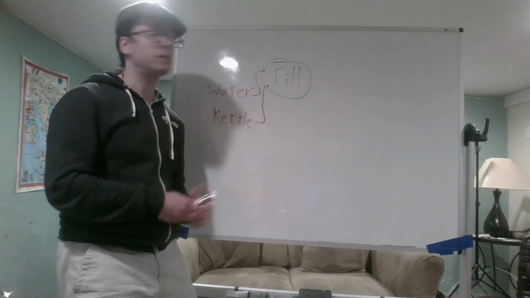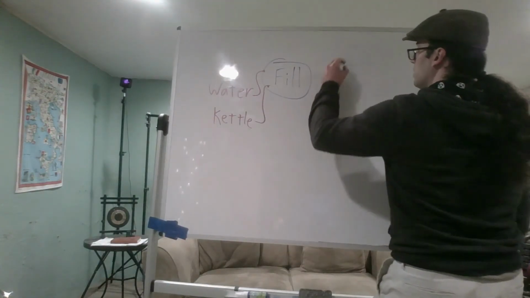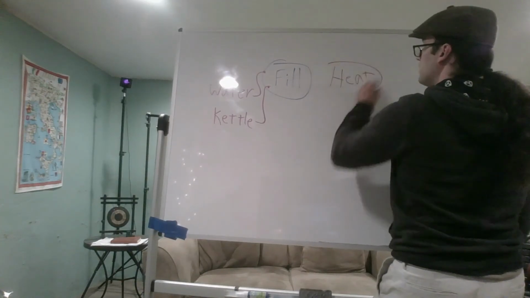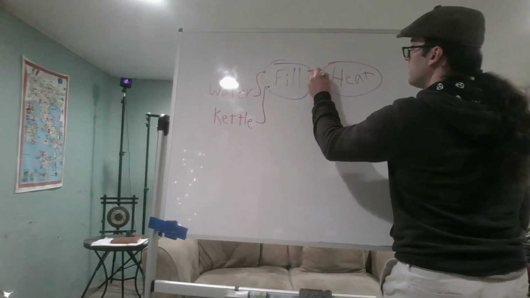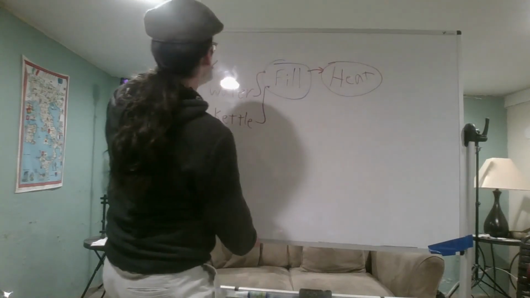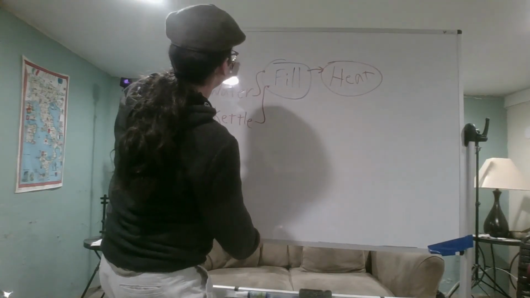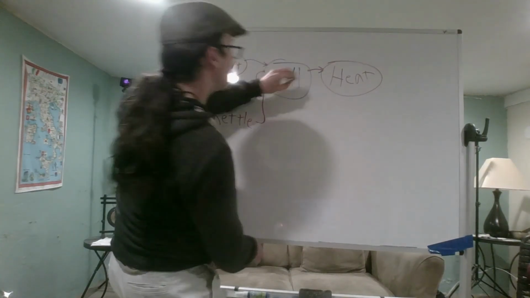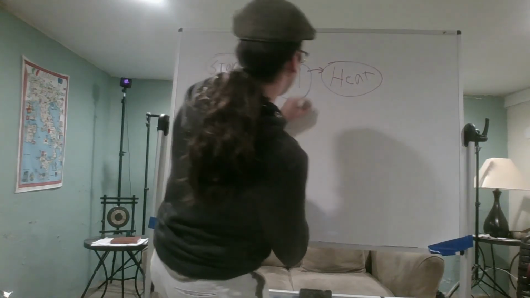And then after it's filled, we'll need to heat it. So let's say heat over here. That's another node, and then this is going to connect in a chain. Oh, actually, we should probably say that there's a start over here and connect that also into fill. Fill goes to heat. And then heat needs to know about the kettle.